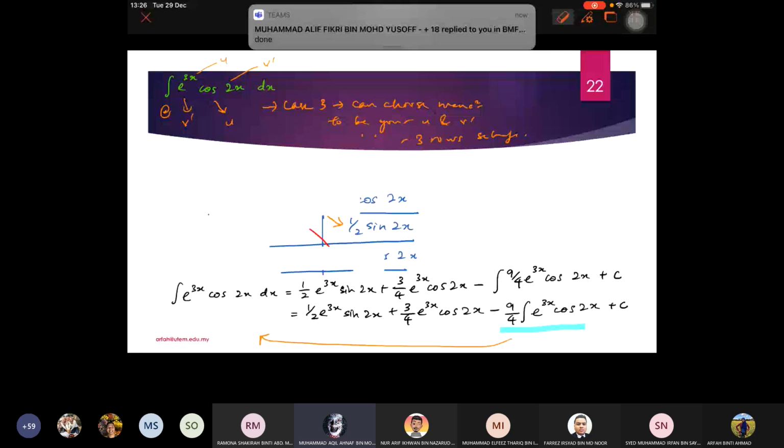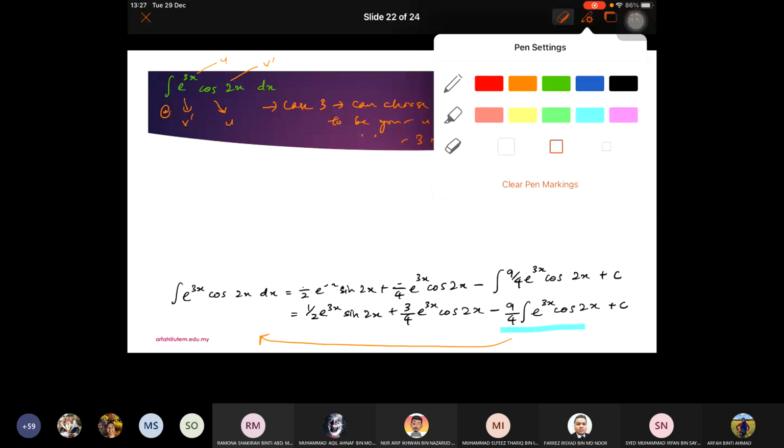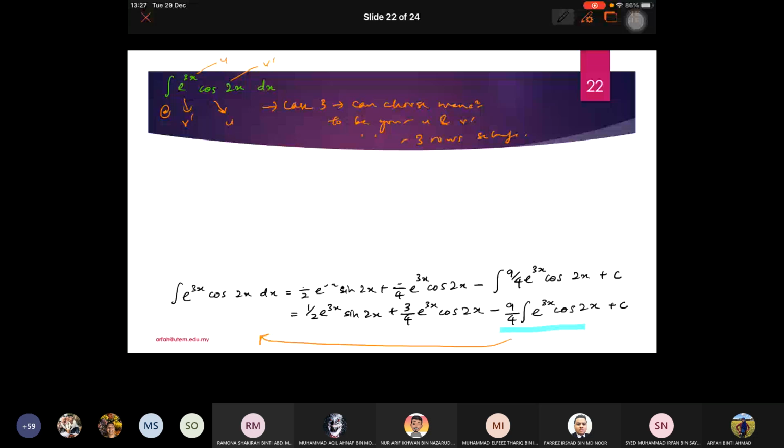Kiri. Okay. You should bring everything on the left. Bring it to the left. So awak akan dapat integration eksponensial 3x cos 2x dx.